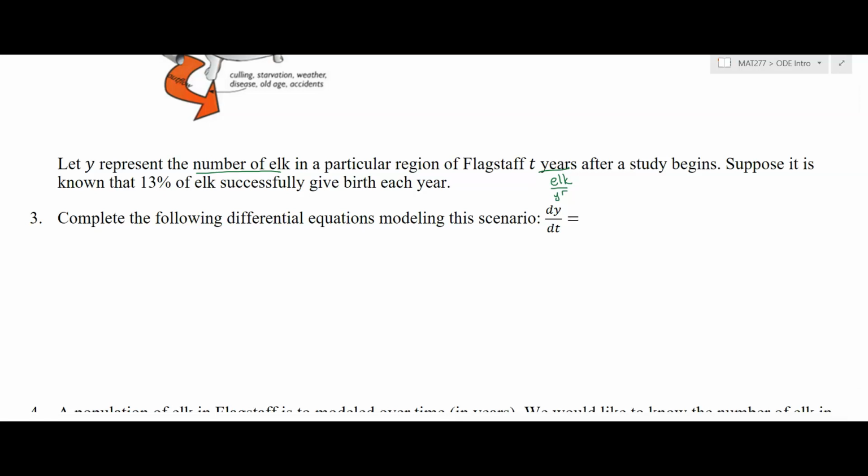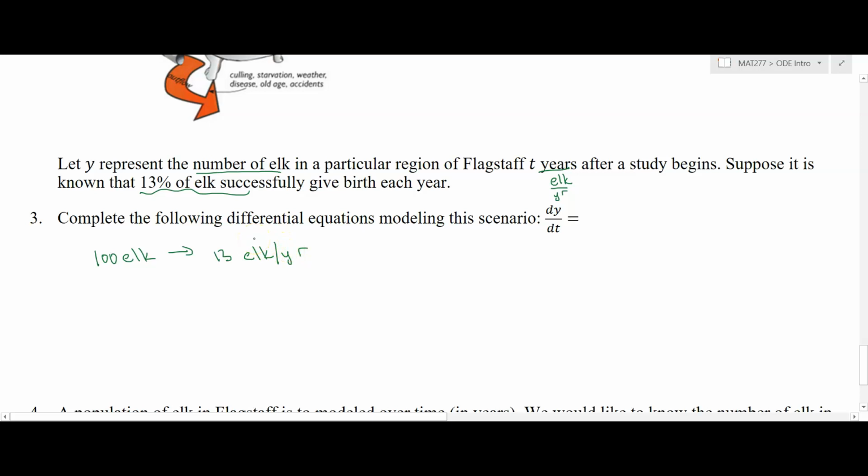Well, it's going to be 13% of the elk currently there that are going to give birth, right? So if, for example, there were 100 elk, then we would expect 13 new elk over the course of that 1 year. That is, at that moment, we would expect the population to be growing by 13 elk per year.